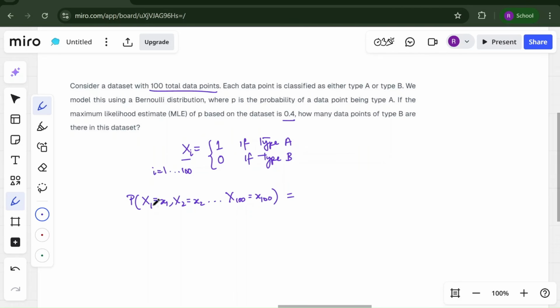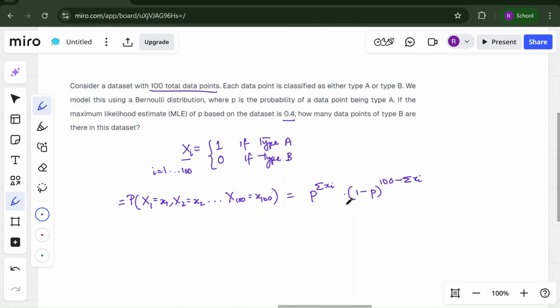This is nothing but, in fact, this is the likelihood actually, right? This is p to the power summation of xi, times 1 minus p to the power 100 minus summation xi.